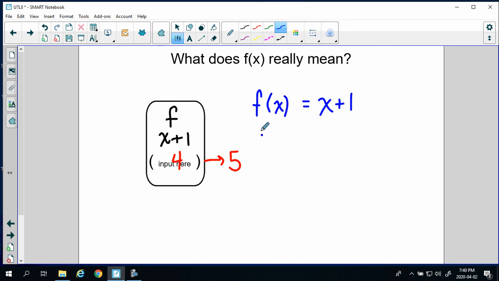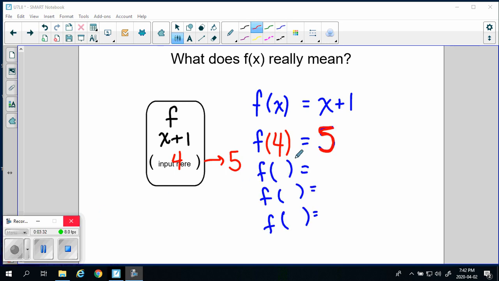Another way we could write this in a more specific way is that if you put 4 into the coin slot or the input slot over here, that you are going to get out 5. And the way we say that is f of 4 equals 5. So if you apply the function f to it, 4 turns into 5, or that's what it outputs.